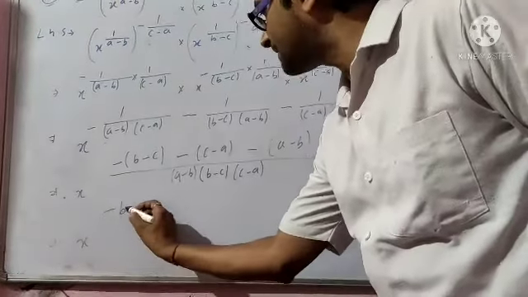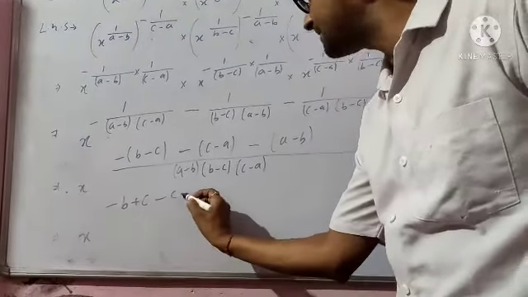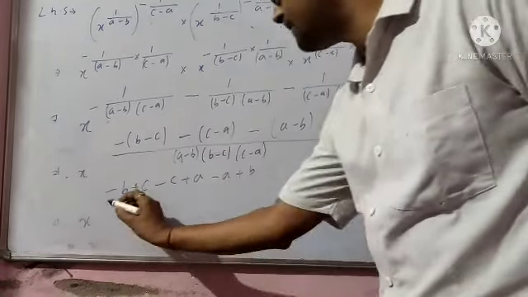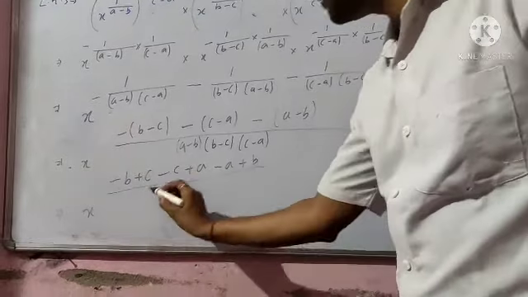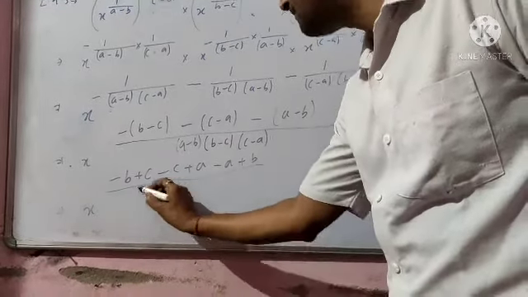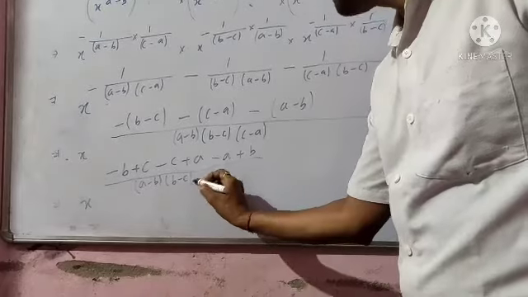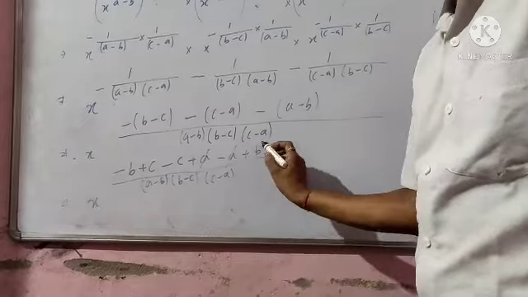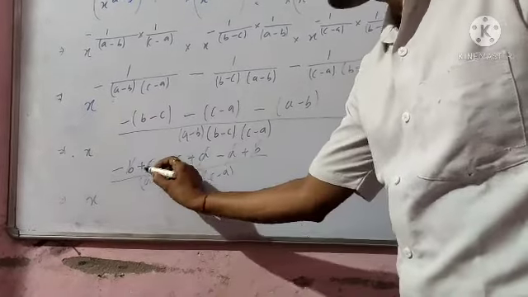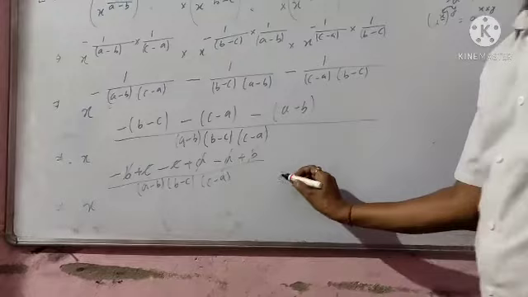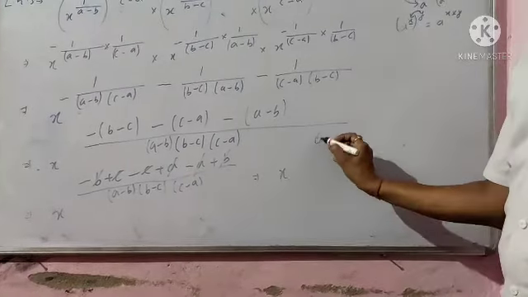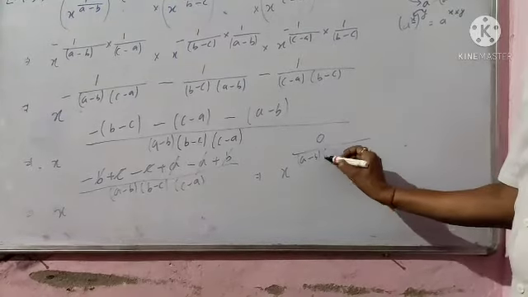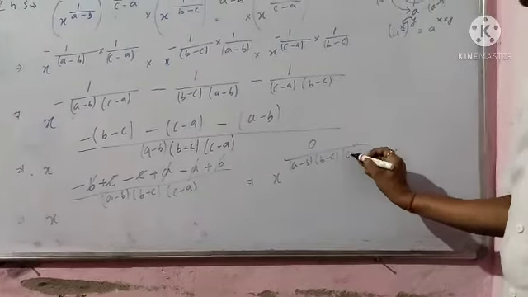So we can write here minus B plus C, minus C plus A, minus A plus B, divided by this is your LCM part, A minus B, B minus C, and C minus A. So here minus B plus B cancel, plus B minus B cancel, plus C minus C cancel. So what is the result here, student? X to the power 0 divided by A minus B, B minus C, and C minus A.